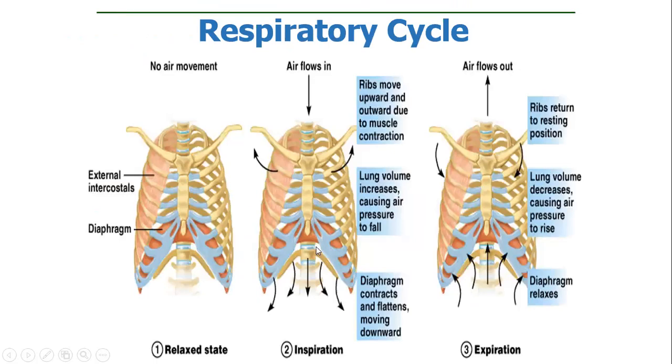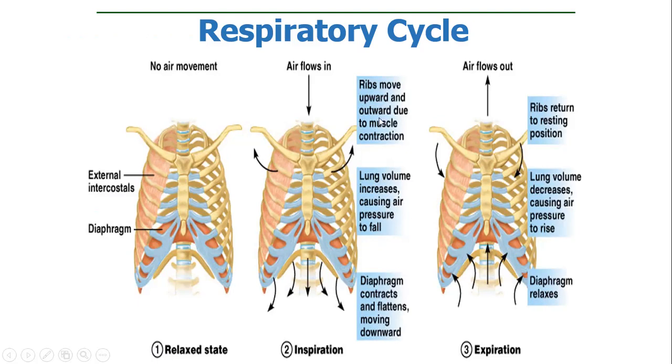Look at the respiratory movements with details. External intercostal, this is the diaphragm. This is the relaxed state. In inspiration, diaphragm contracts and flattens, moving downward. Lung volume increases, causing air pressure to fall.